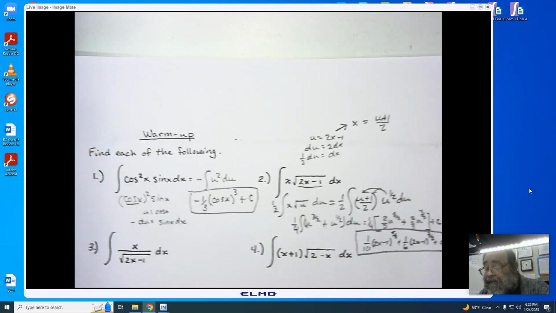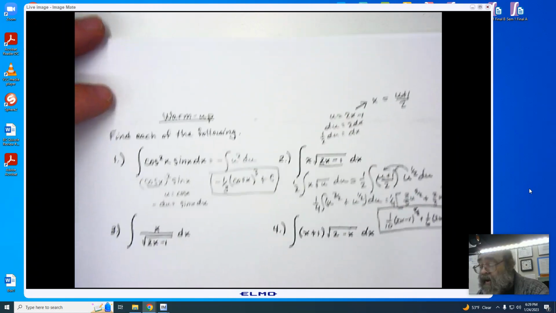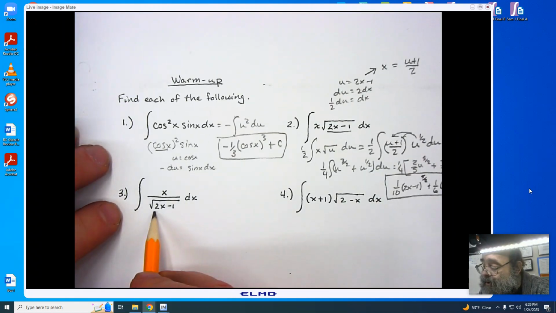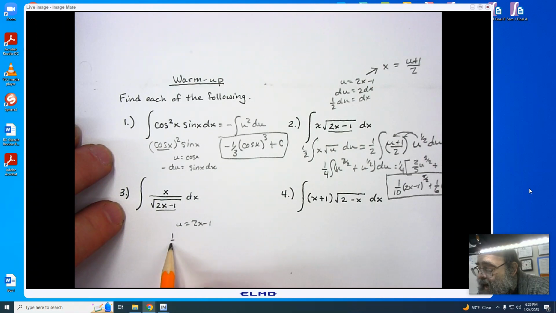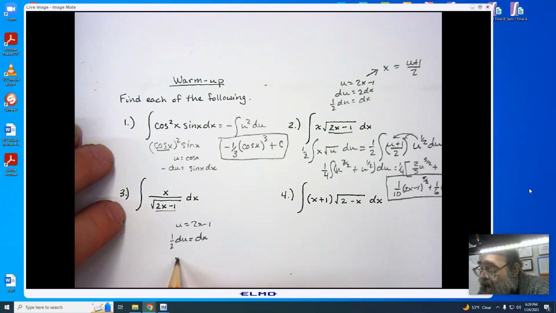Number 3. Going to number 3, we're going to follow the same procedure. You'll notice I tried to keep this similar so that we have our u equaling 2x minus 1, 1/2 du equals the dx, and therefore our x is going to end up with u plus 1 divided by 2.